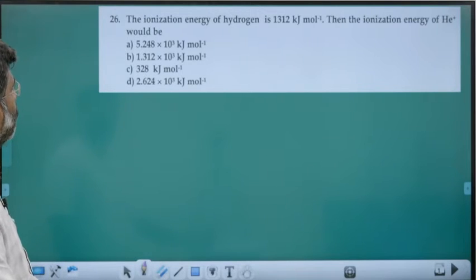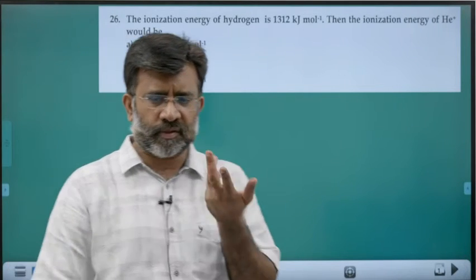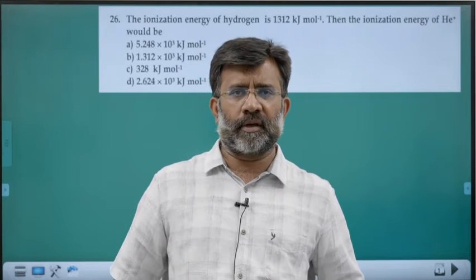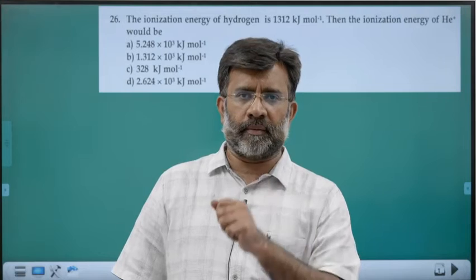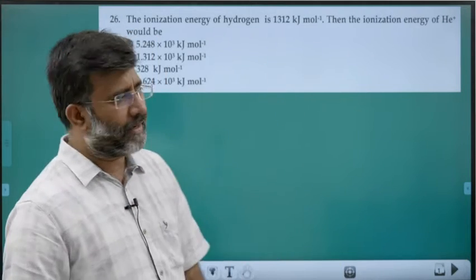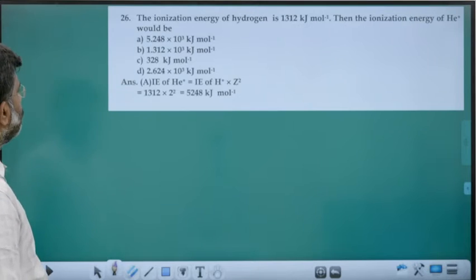Twenty-sixth question. The ionization energy of hydrogen is given, then what is the ionization energy of helium plus? Ionization energy means first orbit energy. So the first orbit energy of hydrogen is 1312 kilojoule per mole. What about helium plus? It will be simply into Z square.